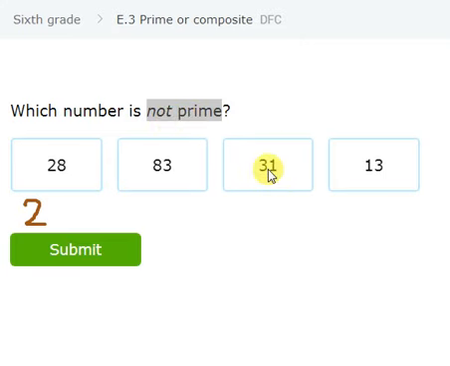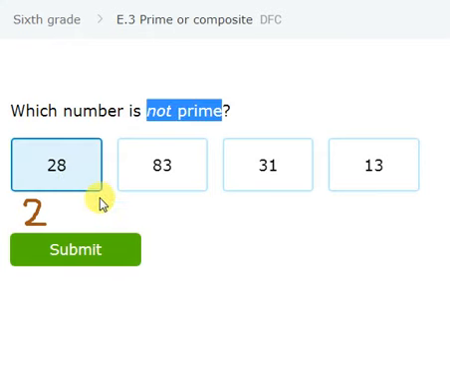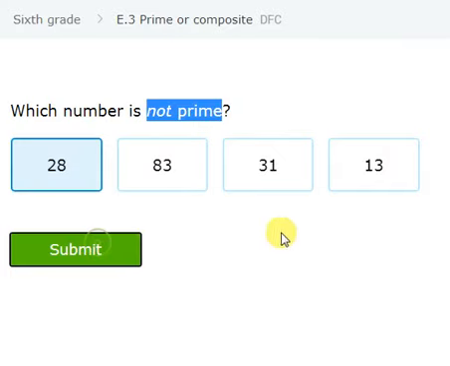Similarly, if you look at 31, it is neither a multiple of 2, nor of 3, nor of 5. That means it is also a prime number, and the same goes for 13. That means the only not prime number, or the composite number, we have here is 28, right?